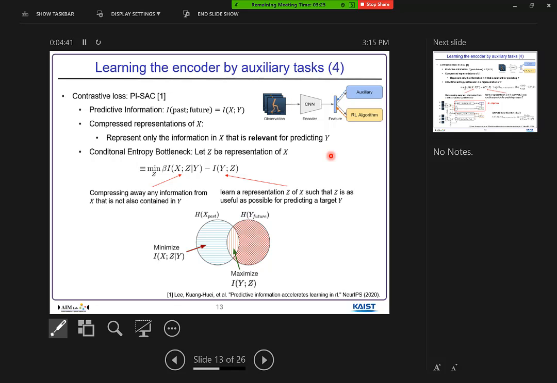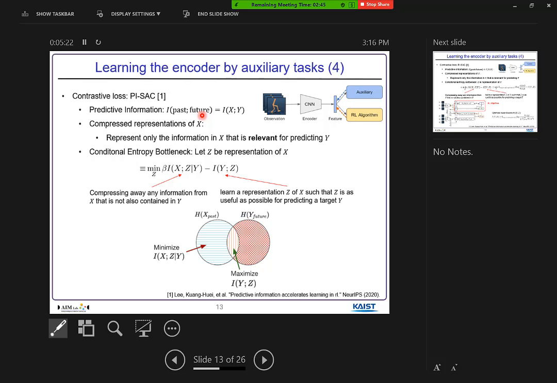Okay, so another paper. The main idea of this paper is that they want to learn a feature such that it can reflect the predictive information. So what is the predictive information? The predictive information is the mutual information between the past and the future.